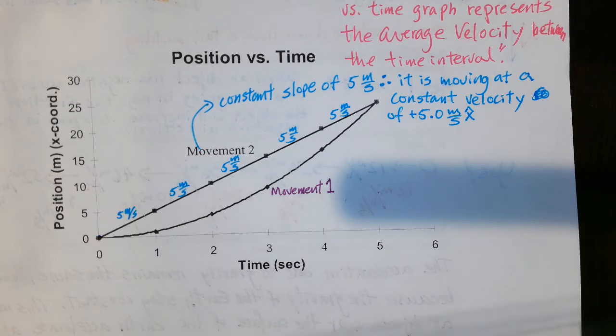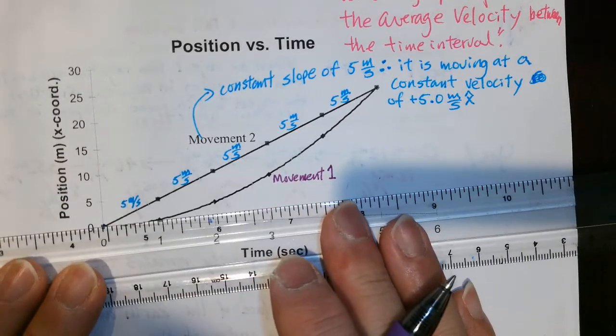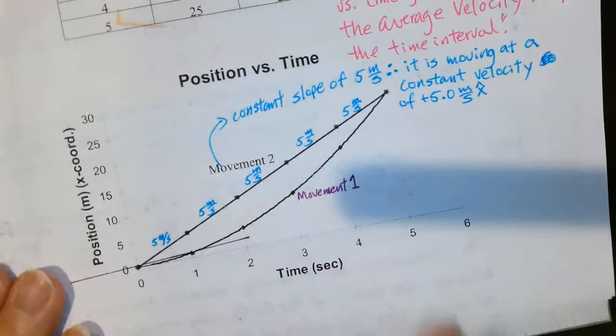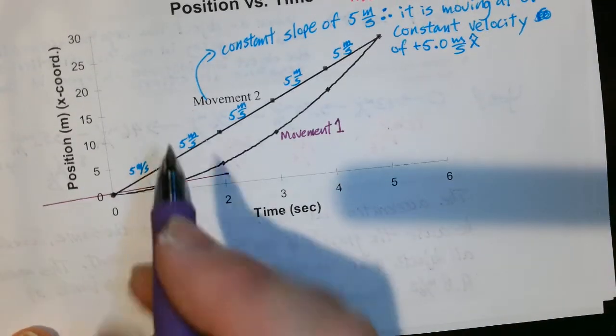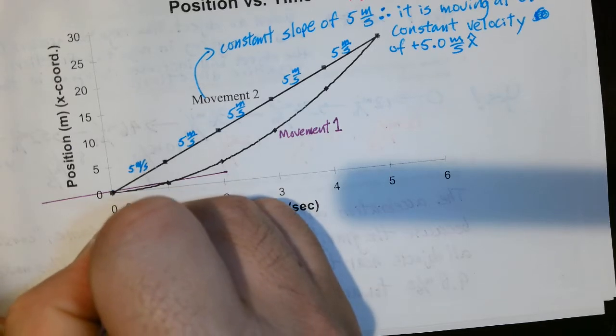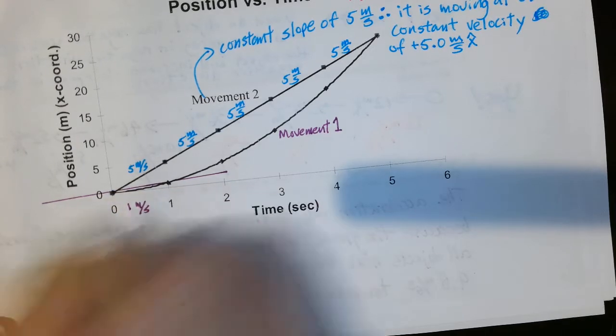if I were to look at the slope value between 0 to 1 second for movement 1, that's my slope value. From 0 to 1 second, my slope value is actually just 1 meter per second.